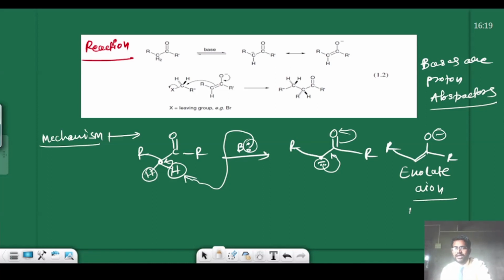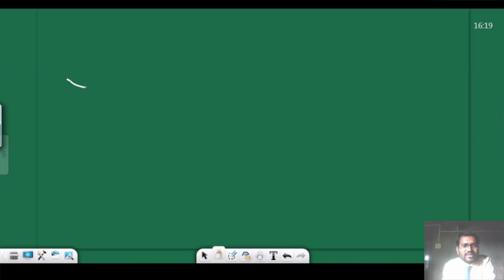This is unstable. When we treat this enolate anion with alkyl halide, what will happen?